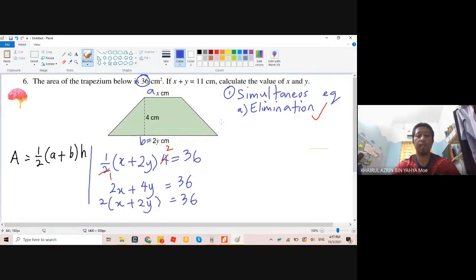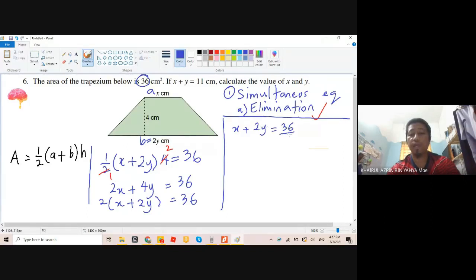Okay, so let's continue. x plus 2y equals 36 divided by 2. x plus 2y equals 18. So this is one of the formulas that we get. Don't forget about this one.